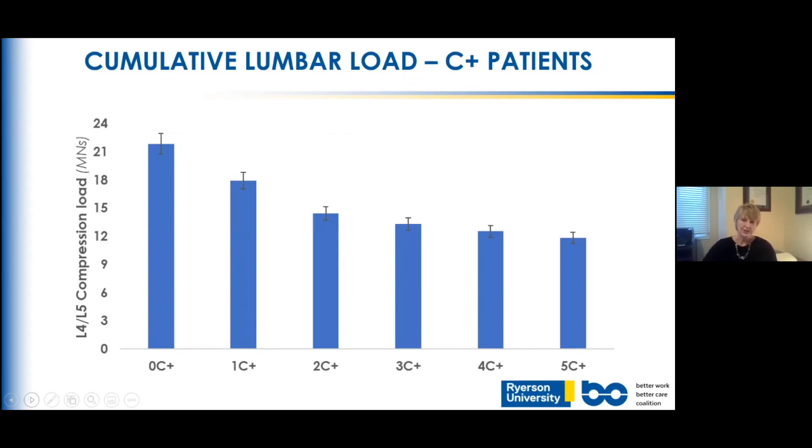As nurses are assigned to more COVID-positive patients, their cumulative load decreases as they spend the majority of their time donning and doffing, which is less physically exerting work than some of their direct hands-on care. So that 21 is really an indicator of workload, or lumbar load, comparable to injuries in the manufacturing sector.